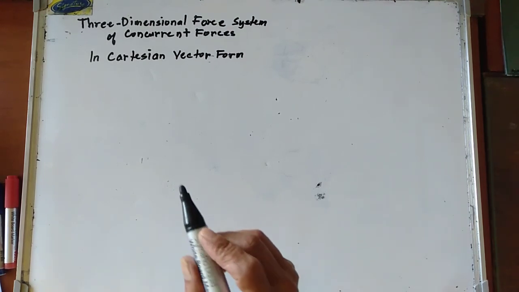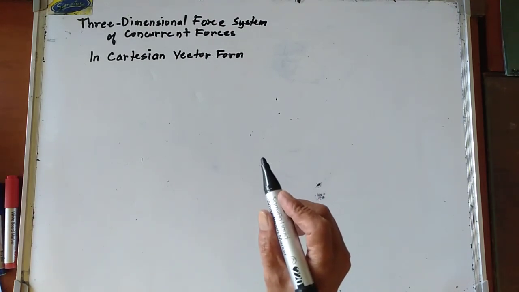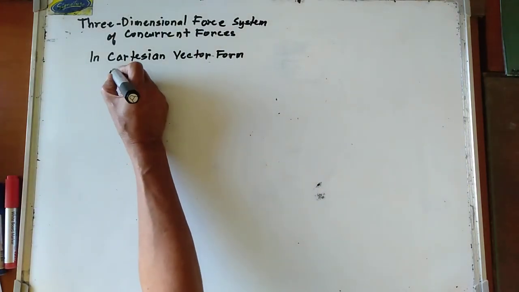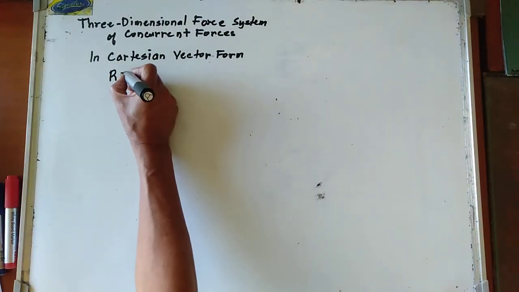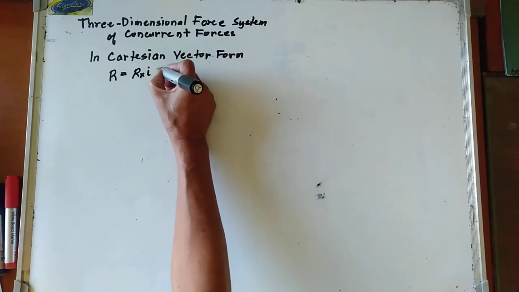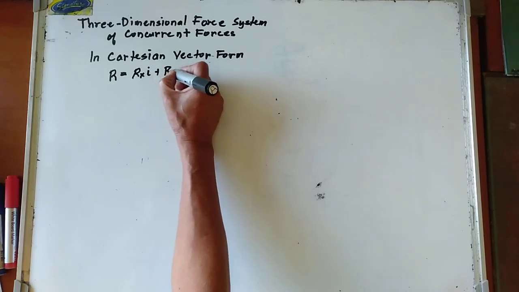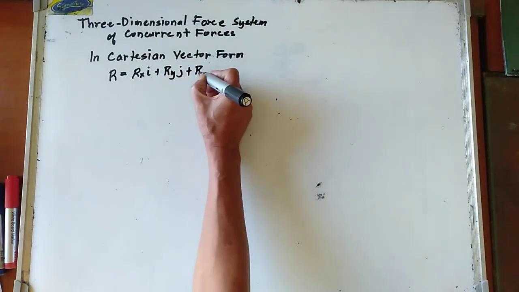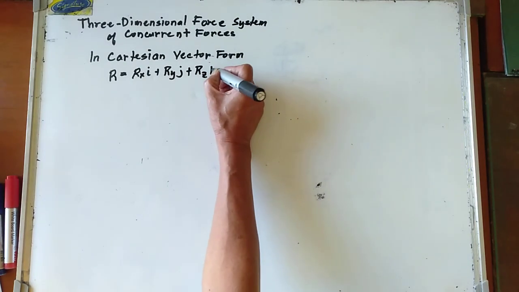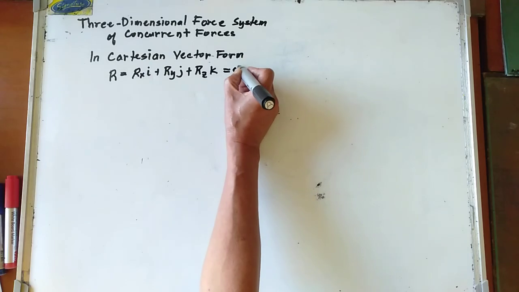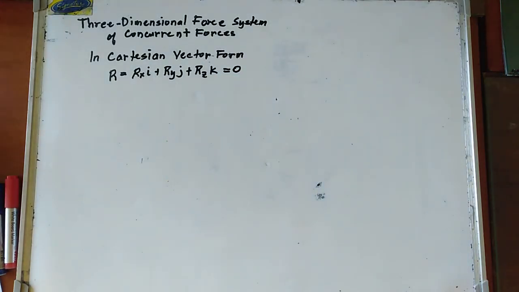So, if we write the resultant force in Cartesian vector form, your R is equal to Rx i plus Ry j plus Rz k, and the resultant should be equal to 0. So that is the condition of equilibrium.